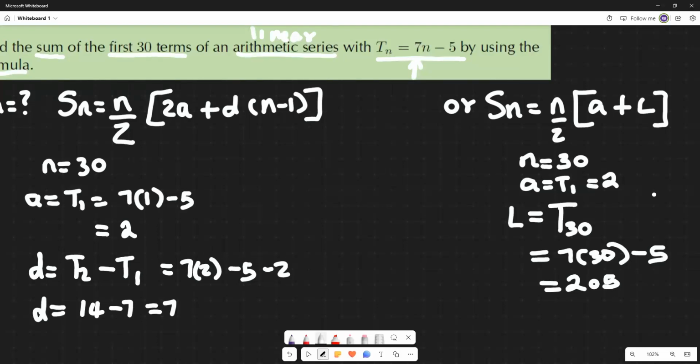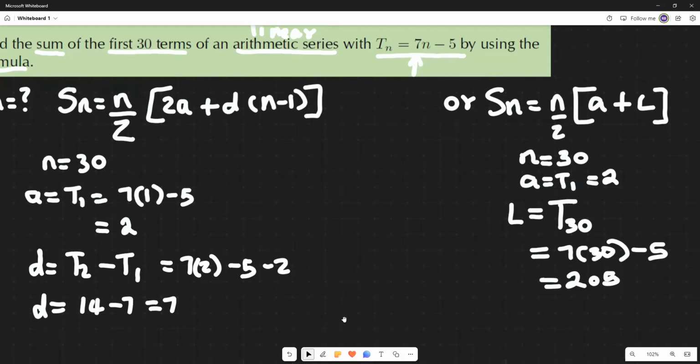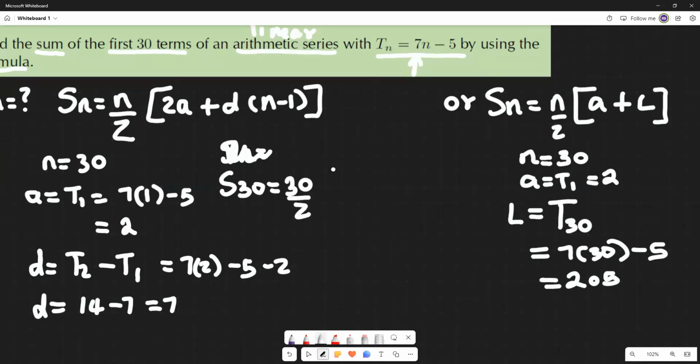Now we're going to substitute this into both formulas and see if we get the same answer. Please press with me on your calculator as we go. For this one, I'm looking for S30. So S30 is the same as 30 over 2 into bracket 2 multiplied by my a, which is 2, plus d, which is 7, multiplied by 30, which is my n, minus 1.